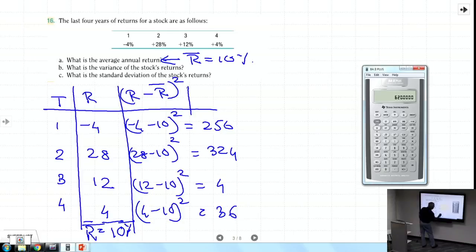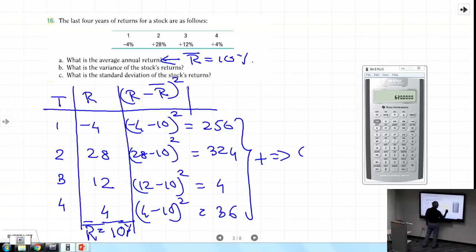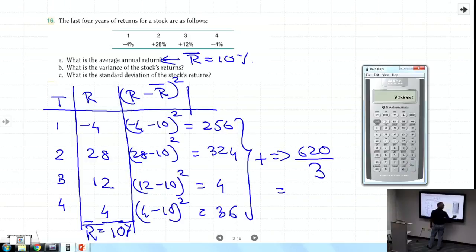So if I sum all of this up, that equals 620. I divide 620 by 3. Why 3? Because there are 4 observations, and I always divide by n minus 1. So 620 divided by 3 is 206.